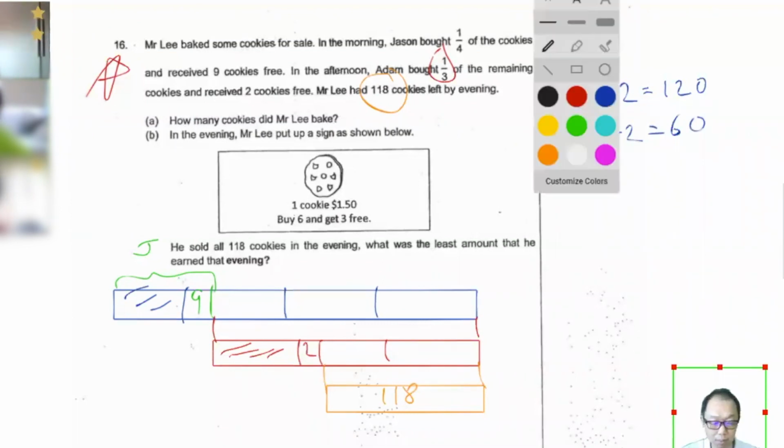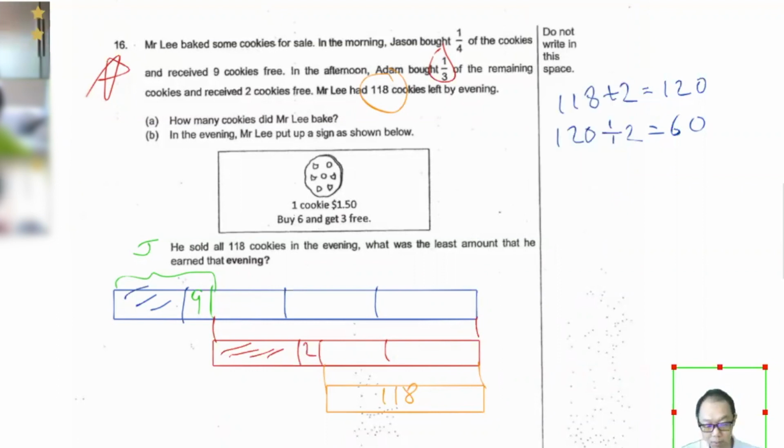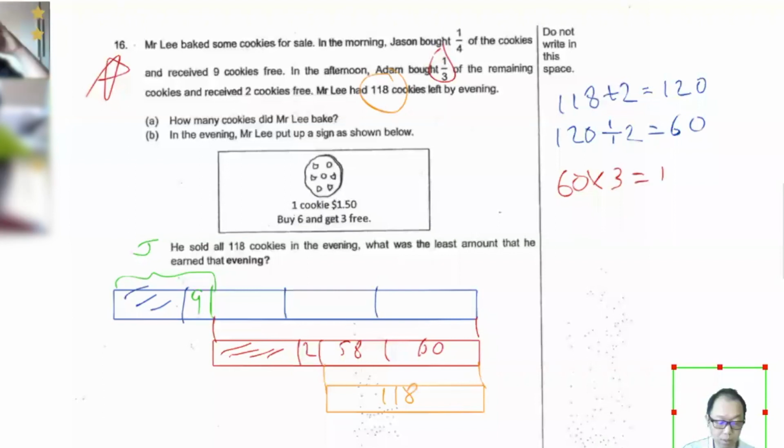One red unit is 60, which means here is 58, and here is 60. So next I take 60 times 3. That will give me 180.